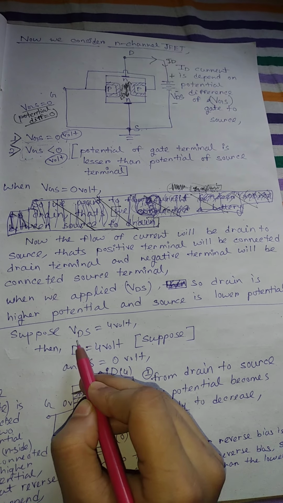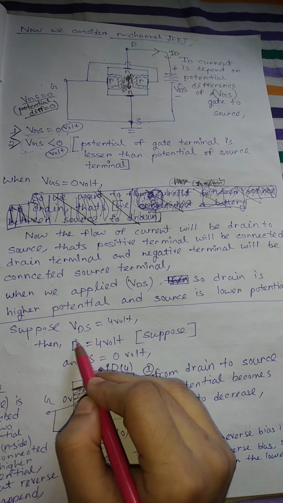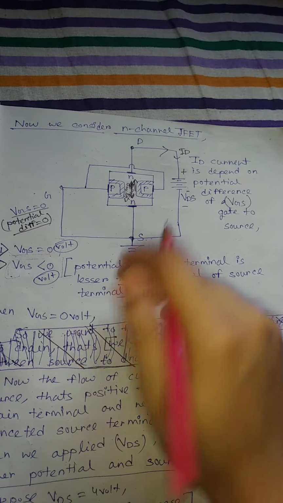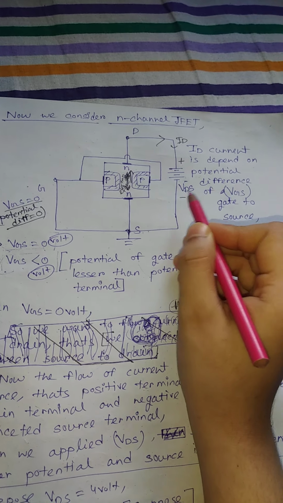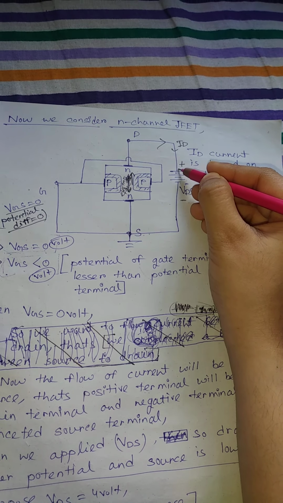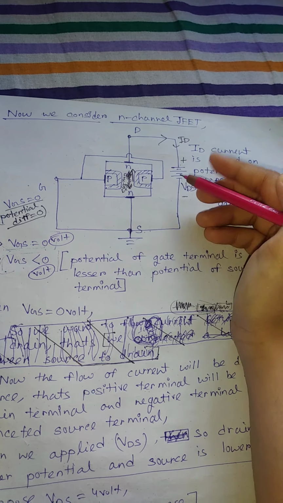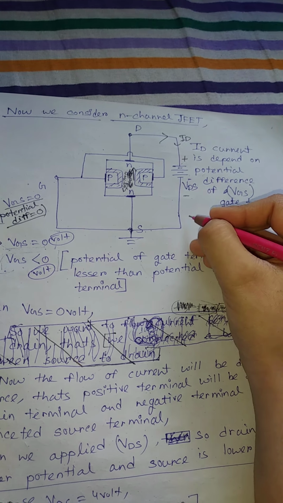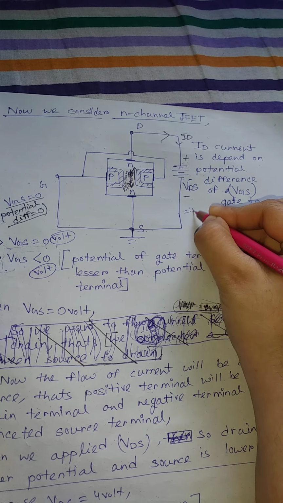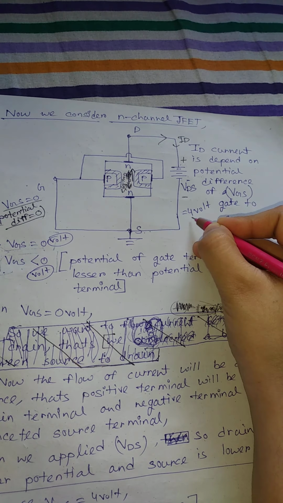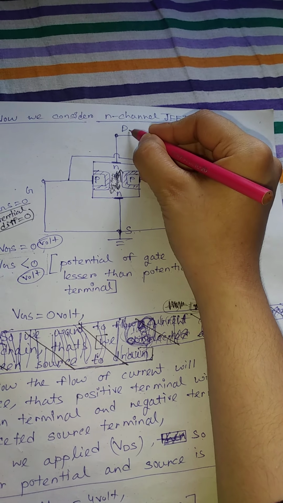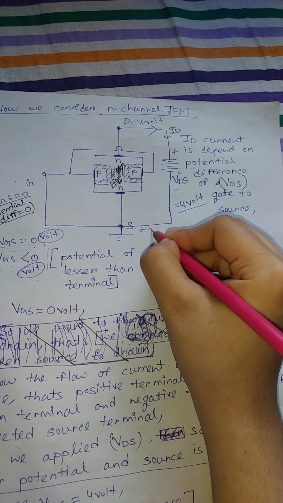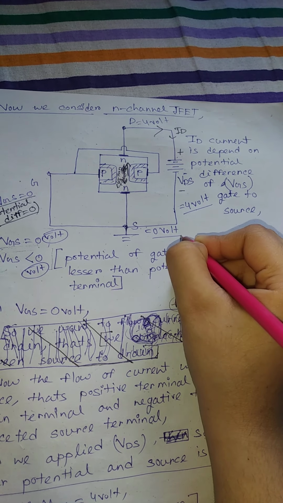Now suppose VDS equals 4 volts. The positive terminal is connected to the drain and the negative terminal is connected to the source. Then if VDS equals 4 volts, I can say that D equals 4 volts and S equals 0 volts, right?